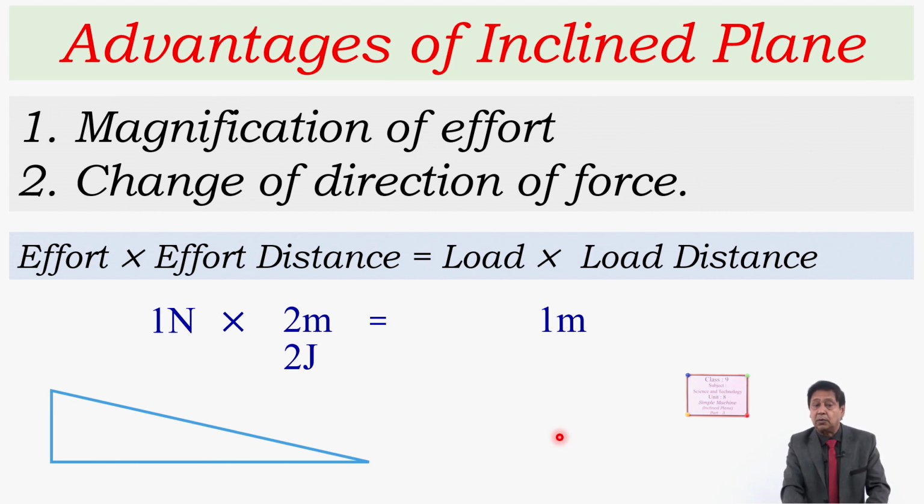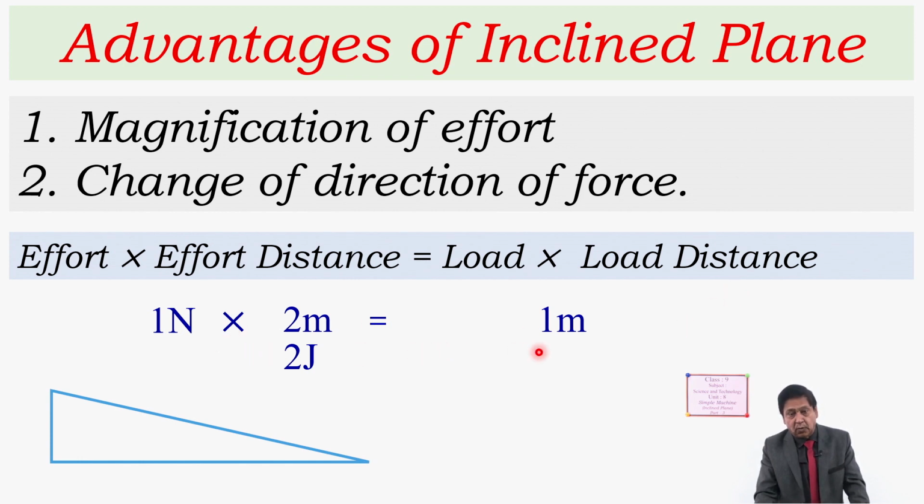It must be equal to right hand side. To be 2 joule in right hand side, the load must be 2. This equation is certainly correct because this is the principle of machine. That's why to be equal, load should be 2 Newton. And if it is 2 Newton, then we will have 2 joule in right hand side also.